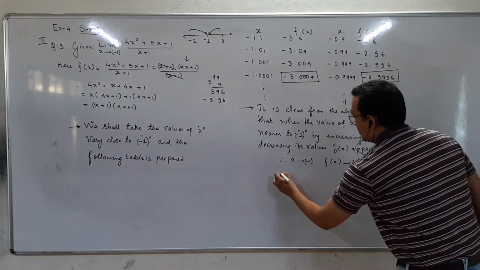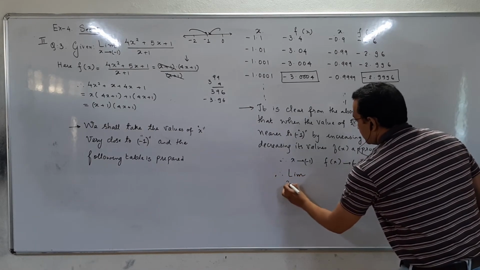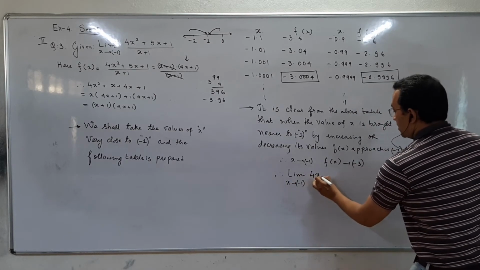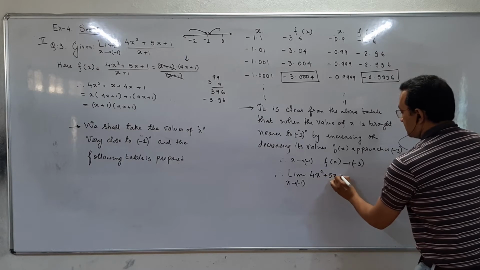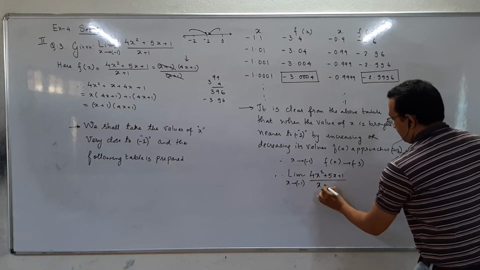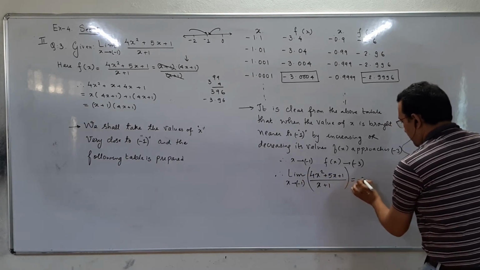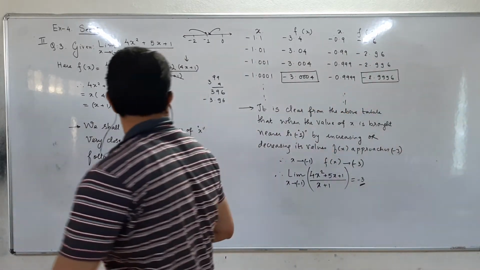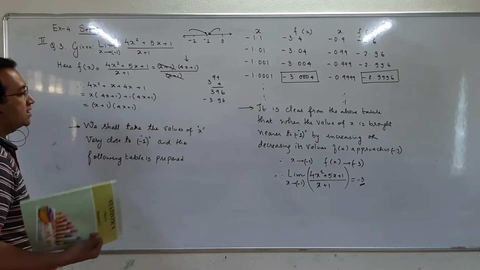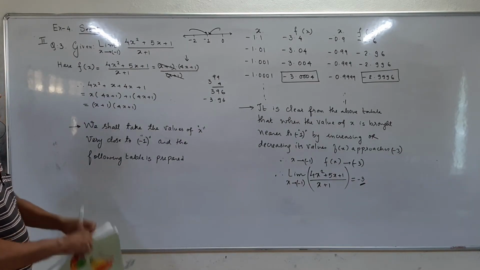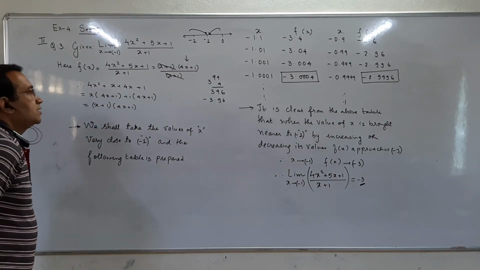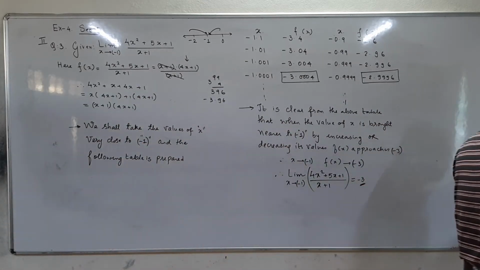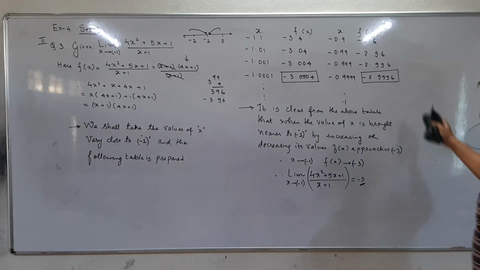Therefore, the limit as x tends to -1 of the given function is nothing but approximated as -3. It is never exactly, students, -3. Clear? All of you understood? So this is how, students, we simplify.